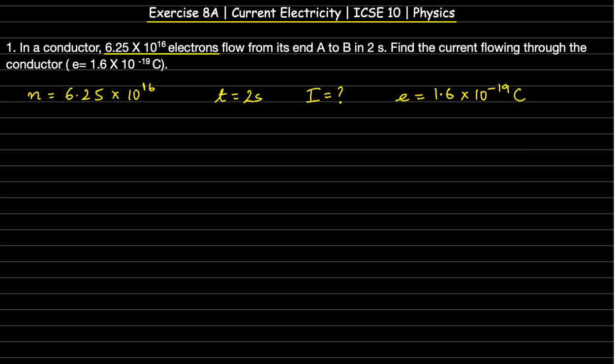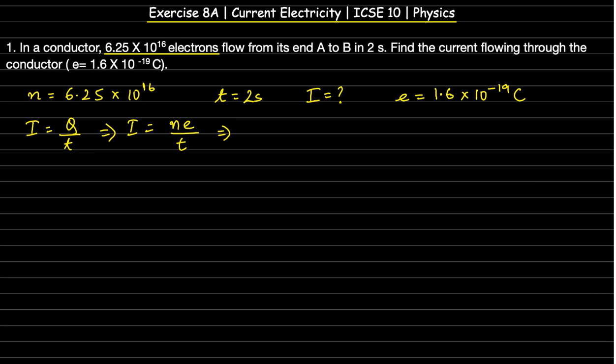Now we know the formula I is equal to Q by T. So I would write it as I is equal to Q divided by T. And we know another formula, that is Q is equal to n into e. So I can be written as n into e divided by T.